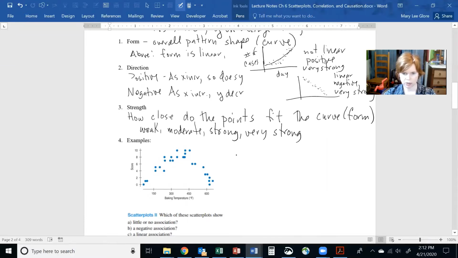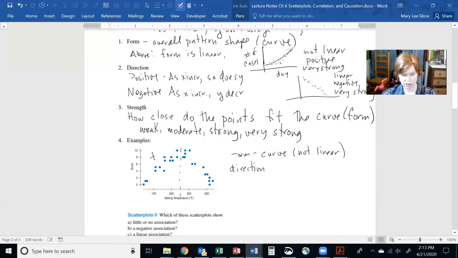Here, the form is a curve. It's not linear. The direction is different. From here to here, on the left side, when the baking temperature is less than 350 degrees, it seems like it's positive.